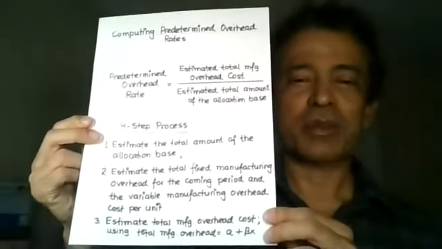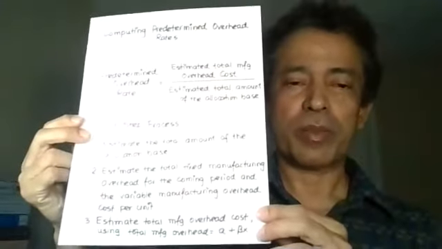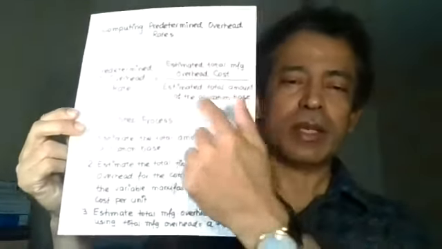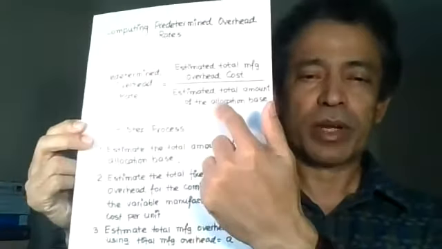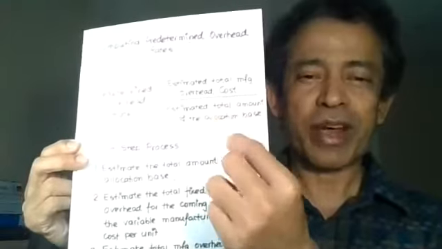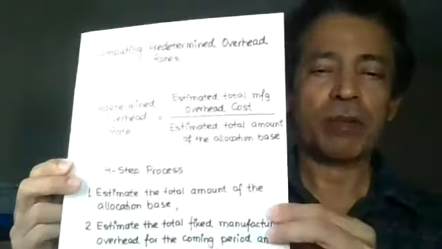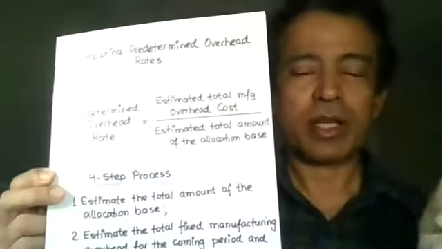So that allocation base could be machine hours, or labor hours, or even number of units, or even number of projects or number of sites. So there are many ways you can define this allocation basis. But what's important is that that allocation basis should be a fair one, should be one that represents the actual resources consumed by that particular unit or that particular job.